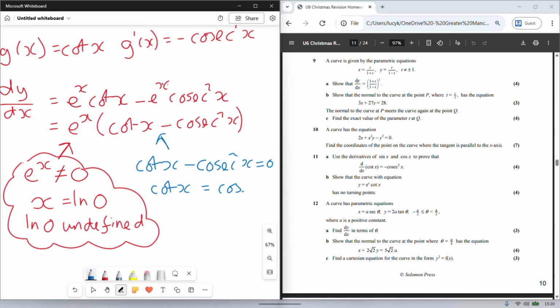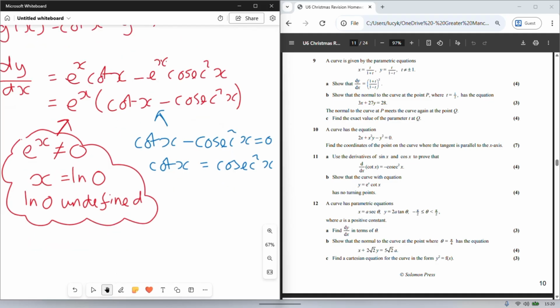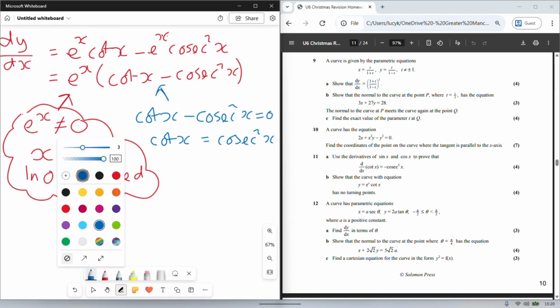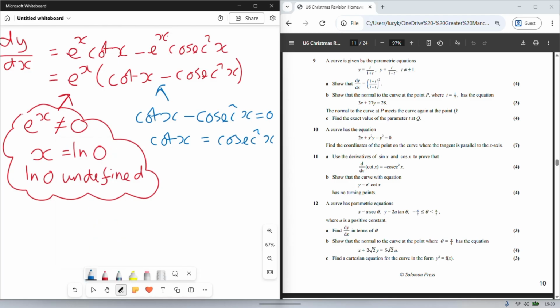Now what we can do here is write the cots and cosecs in terms of sine and cos. I think that's going to be the most helpful thing, because then we can start seeing if anything can cancel out. So cot x is cos x over sine x, and cosec squared x is 1 over sine squared x.